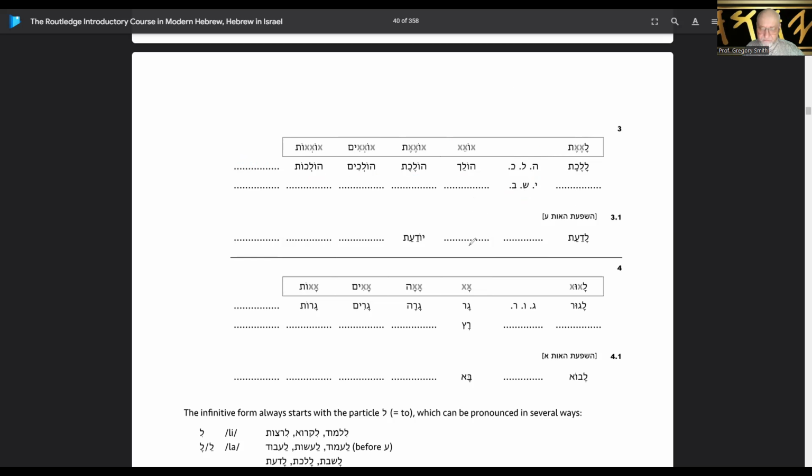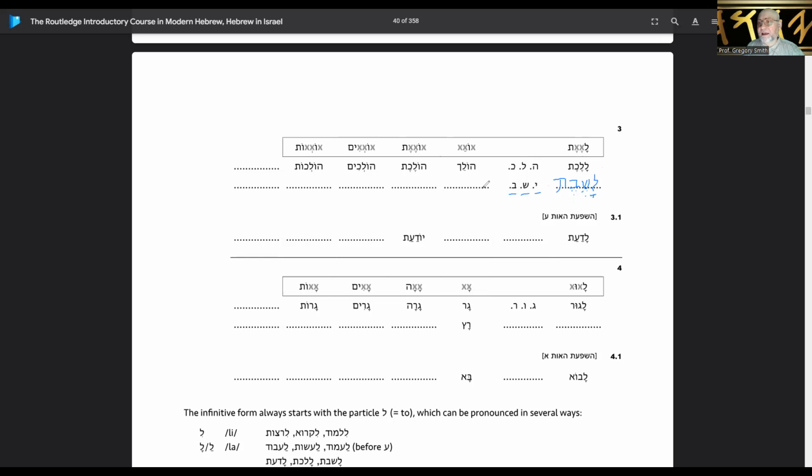And so the actual verb form to sit is lashevet. And it's going to have that segol under there, and the kamets underneath the lamed, but you won't see that in modern Hebrew. But that's where I'm getting the sound from. Lashevet. And there's your shoresh, your root.